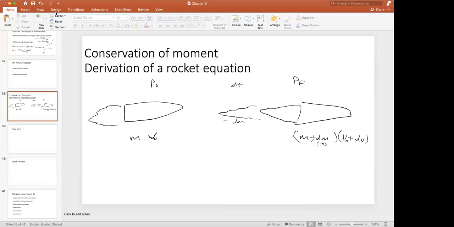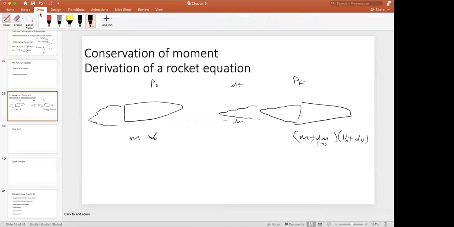It's a negative quantity in and of itself, although in the equation it appears as a positive. I know that doesn't make any sense. It will later. So we put a negative sign there, so it's positive, because it would actually be negative dm.